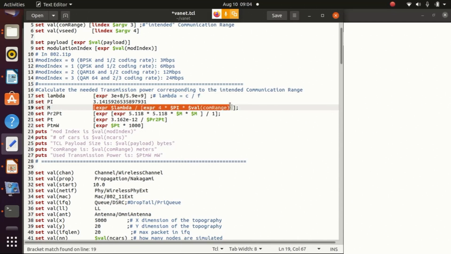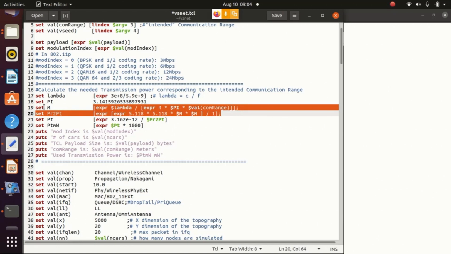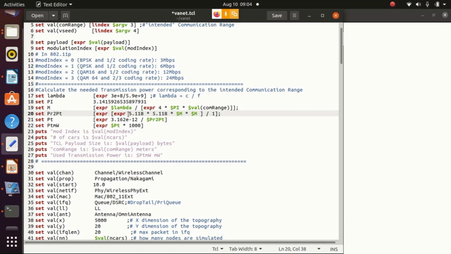This is the formula. These two are the formulas combined. PR by PT formula. What is this formula? 5.118 square into lambda divided by 4 pi r square. Okay, this is the formula.